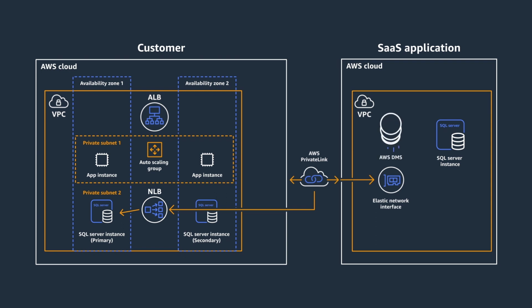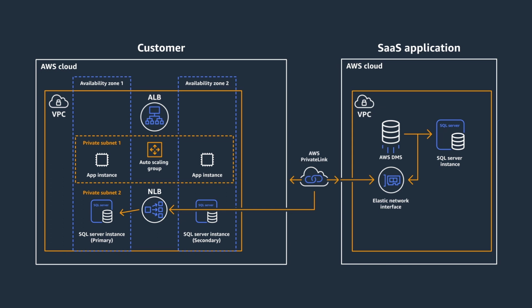As previously mentioned, we use AWS DMS, Database Migration Service, for the database replication. And as a first step, we set up a DMS instance in the third-party VPC. The DMS instance requires connectivity to the source and the target database. We configure the security group of the source database to allow access from the DMS instance.